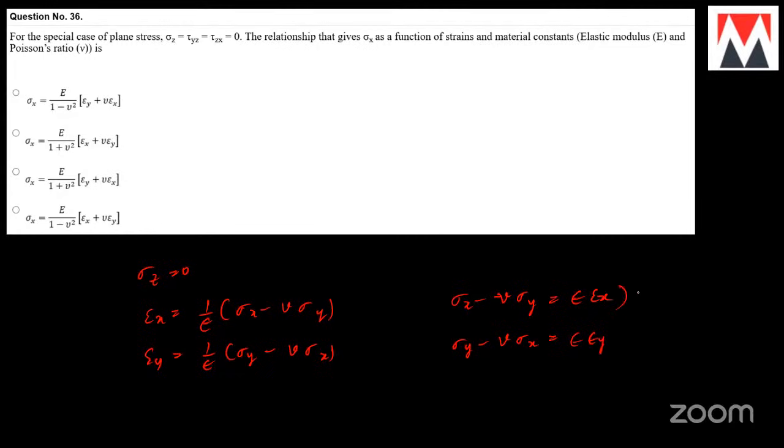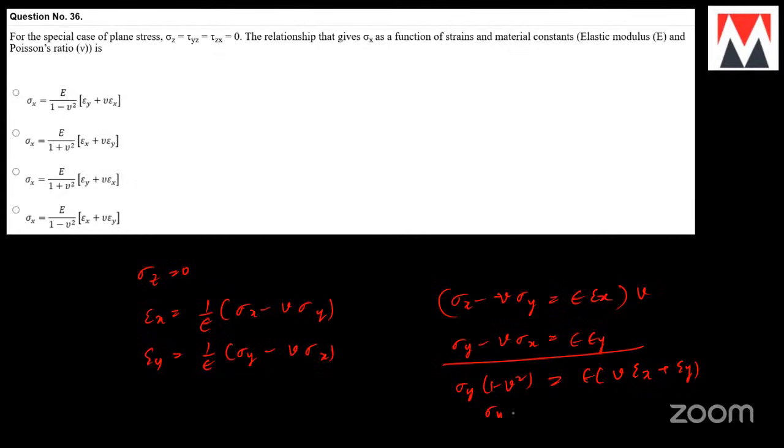So you multiply this with nu, you will get sigma y into (1 minus nu square) is equal to E into nu into (Ex plus Ey).